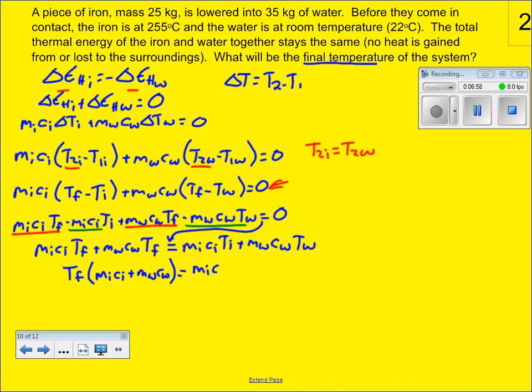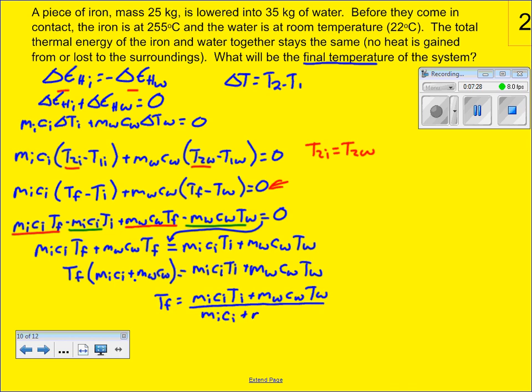going to be MI CI TI plus MW CW TW. And one more step, TF equals MI CI TI plus MW CW TW divided by this one here, MI CI plus MW CW.